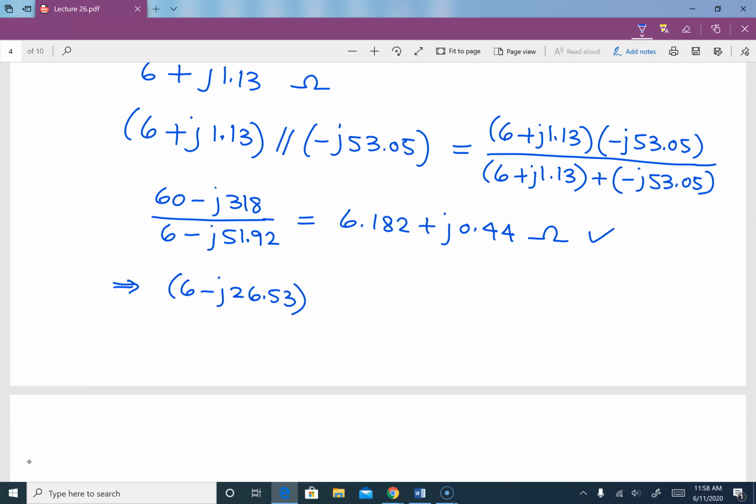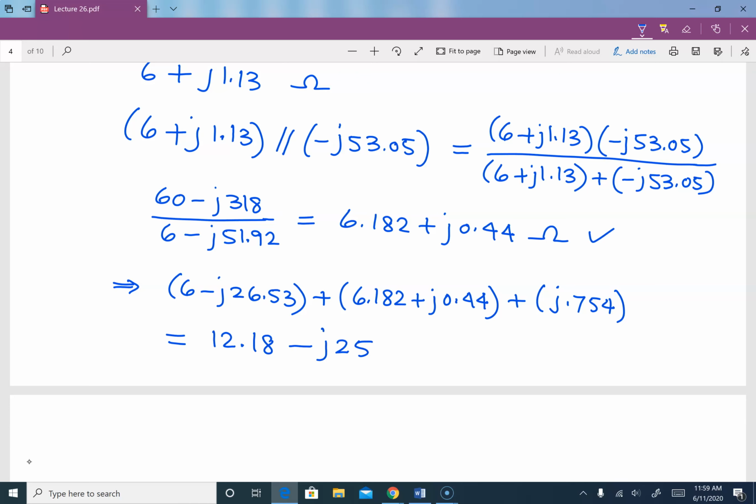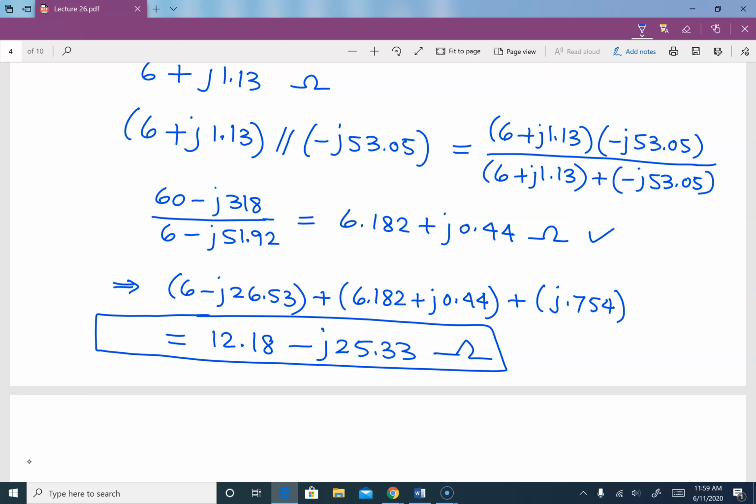We just added them together because they are in series, plus 6.182 plus J 0.44 plus J 0.754. All of those are in series. So that will be 12.18 minus J 25.33 ohm. And this is our Z equivalent.